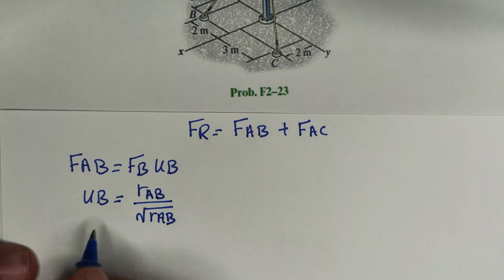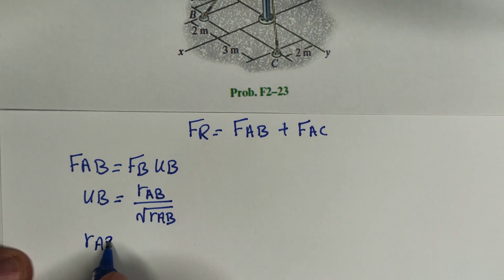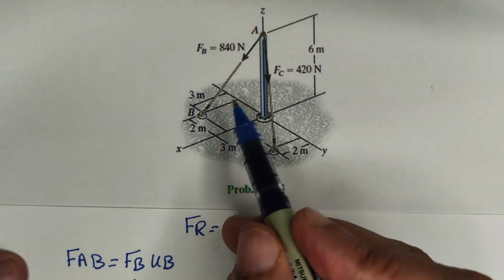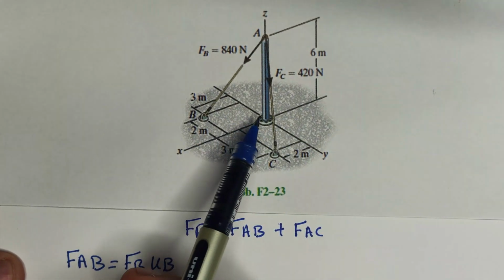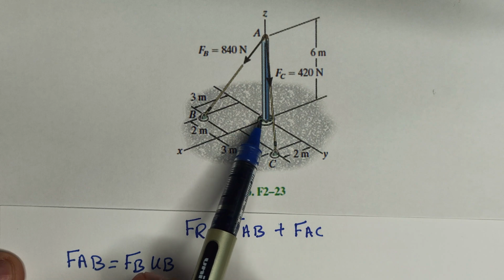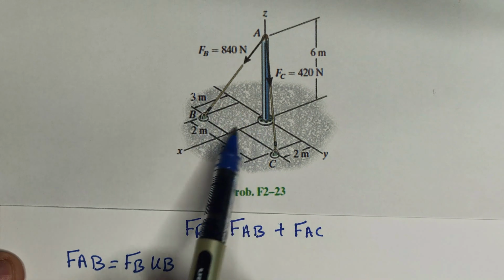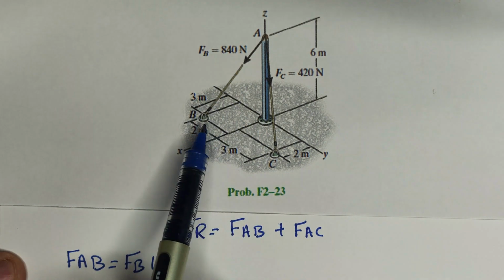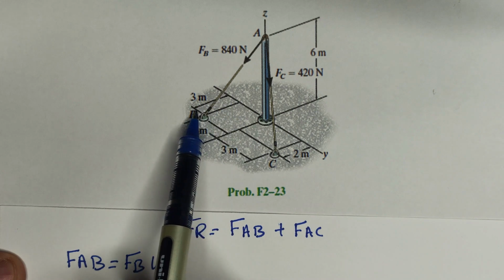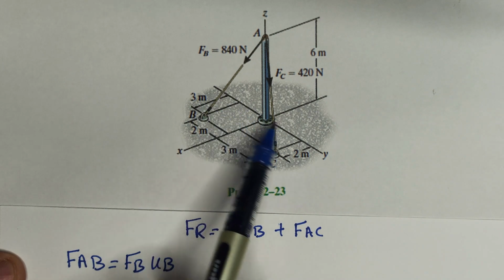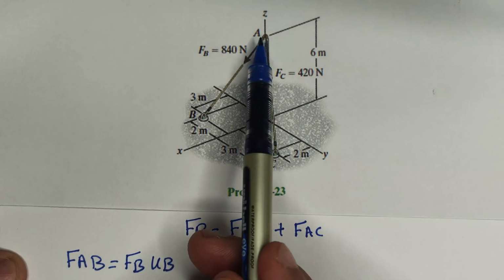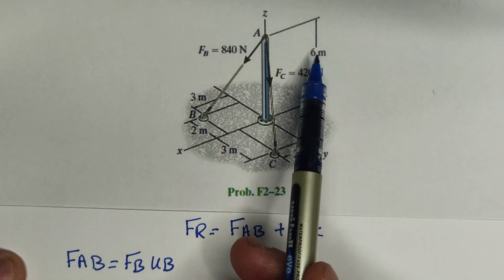To find the position vector RAB, we look at this diagram in here, and we can see that it's positive 3 meters on the x-axis. For this force, it's positive 3 meters on the x-axis, negative 2 meters on the y-axis, and also negative 6 meters on the z-axis.